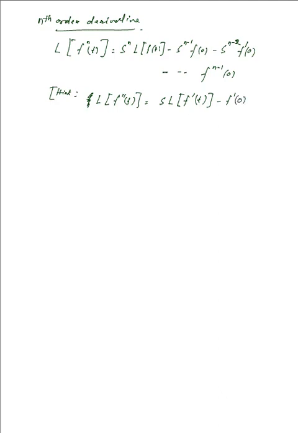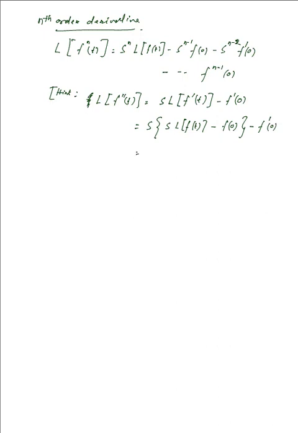And we know that the Laplace transform of the first order derivative, if I expand it, is simply s times the Laplace transform of f of t minus f of 0, whole minus f dash, that is the first derivative of f at 0.